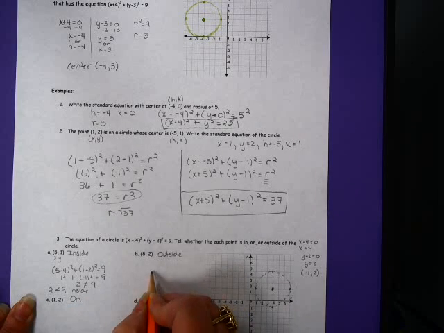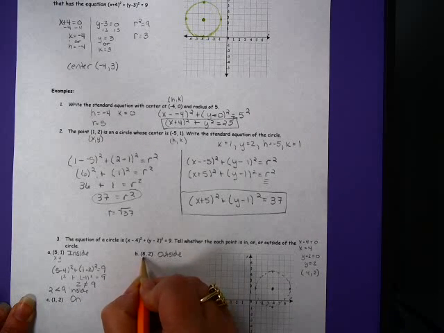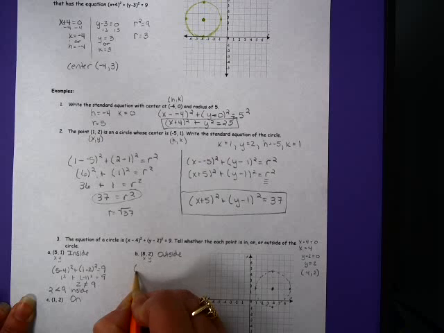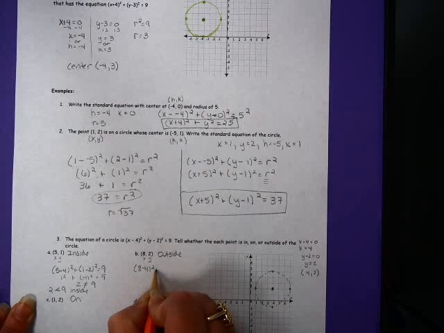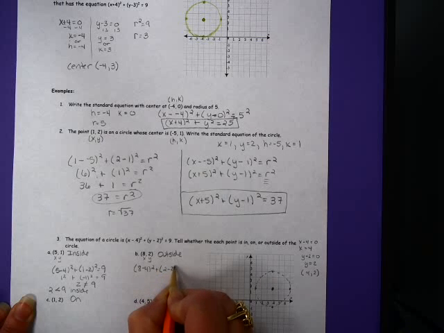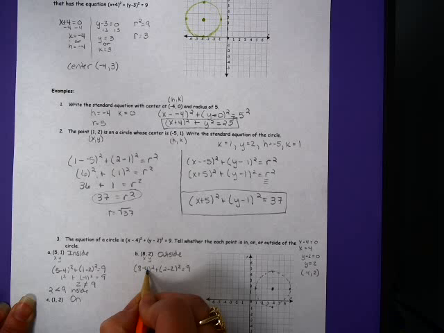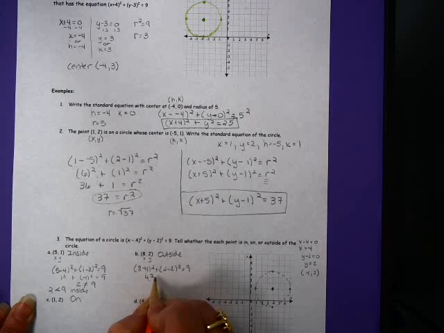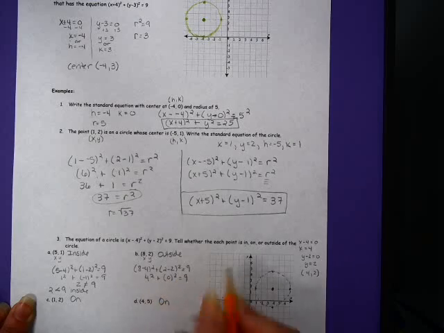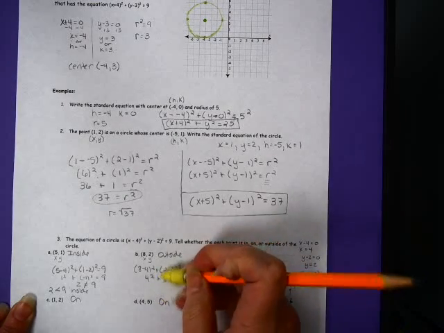Okay? Over here, do the same thing. This is your x, this is your y. So that's going to be 8 minus 4 squared plus 2 minus 2 squared equaling 9. 8 minus 4 is 4, so that's going to be 4 squared plus 0 squared equaling 9. And you don't need the parentheses.